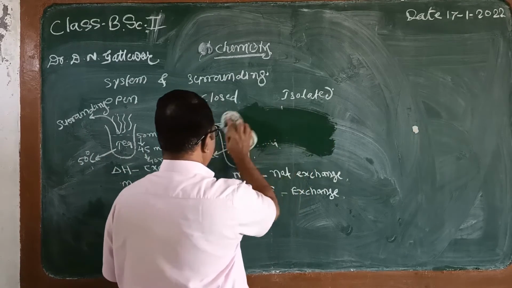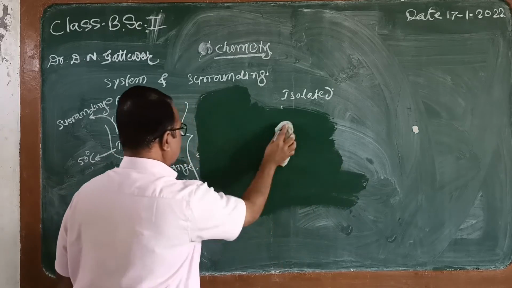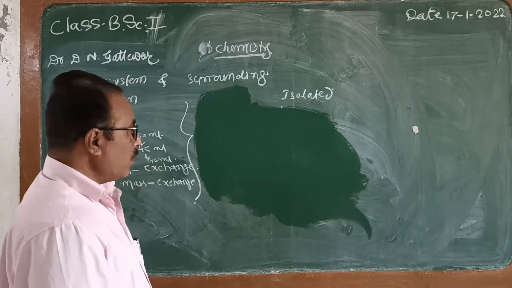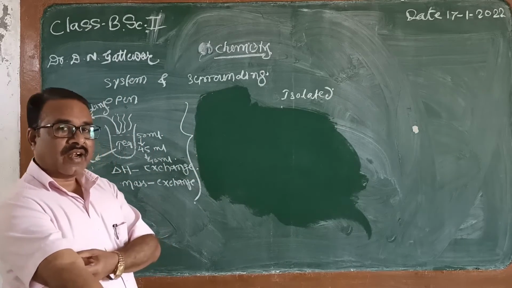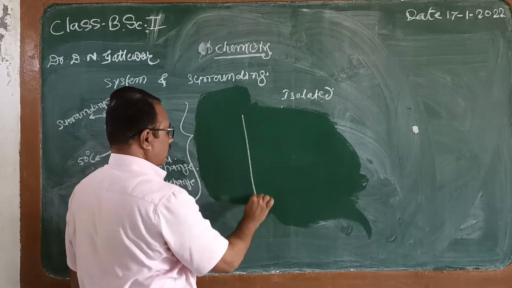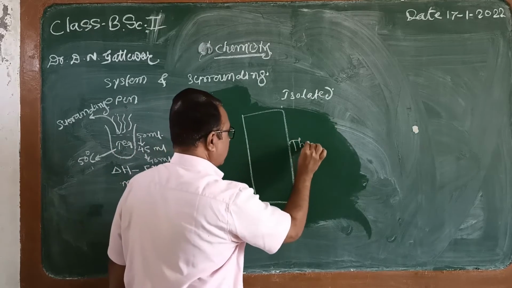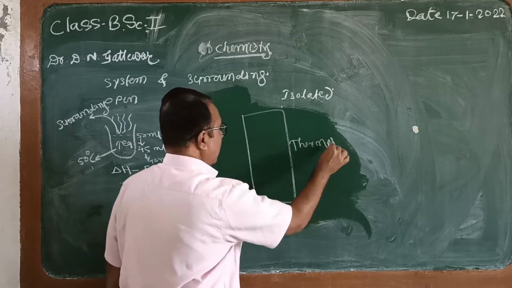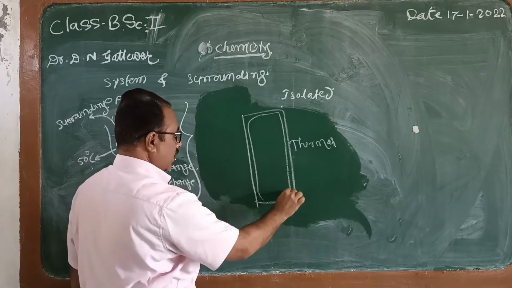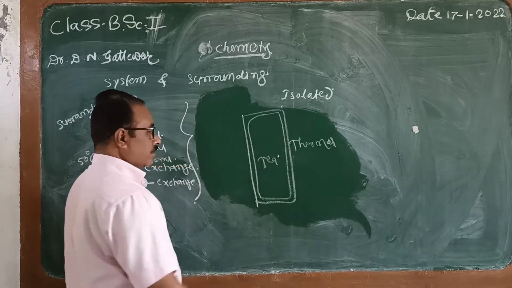Then what about the isolated system here? Now everybody knows that we carry a thermos in our bag for tea. So this is the thermos, and here there is an ideal coating, and again there is the tea here.